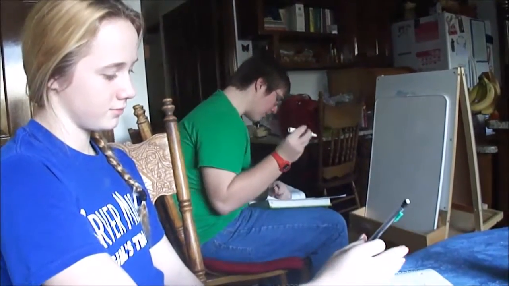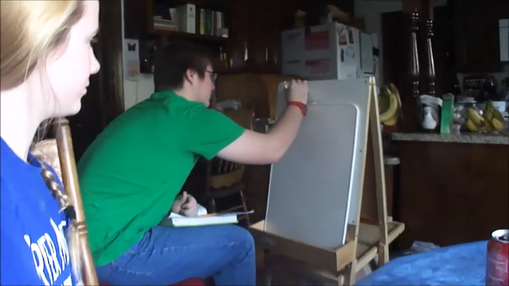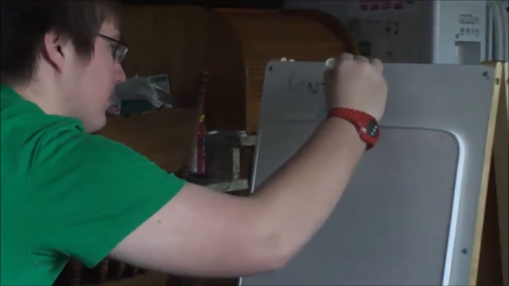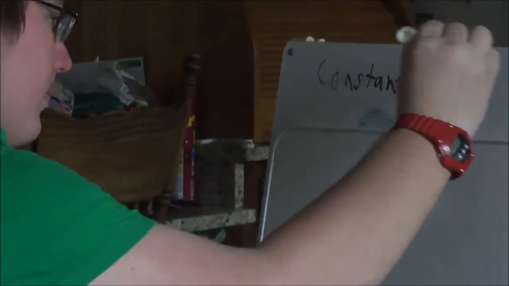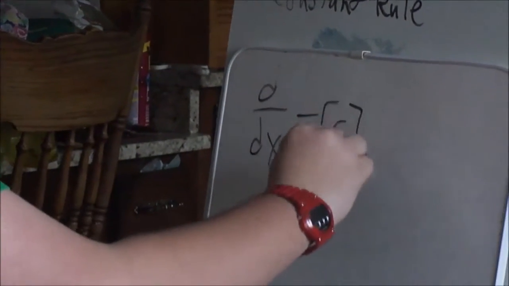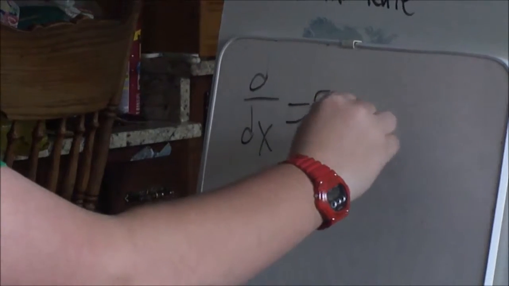The first rule we'll be going over is the constant rule. The constant rule states that the derivative of a constant equals 0.